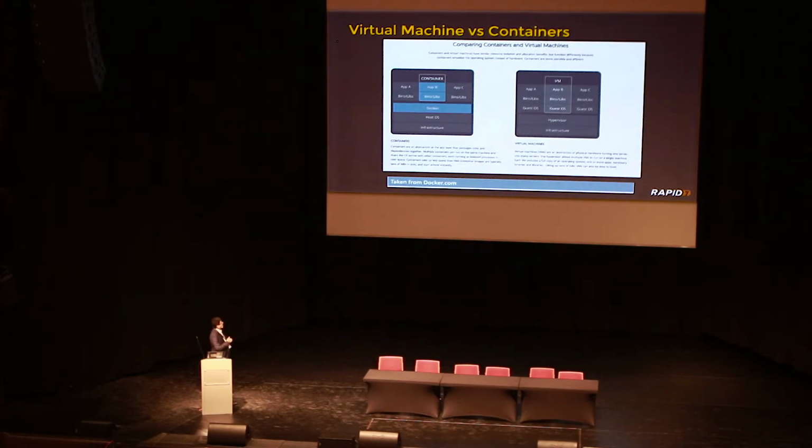When we compare virtualization with containers, in virtualization we virtualize the operating system on top of the hypervisor. But with containers, we don't care about the operating system because we virtualize the software.